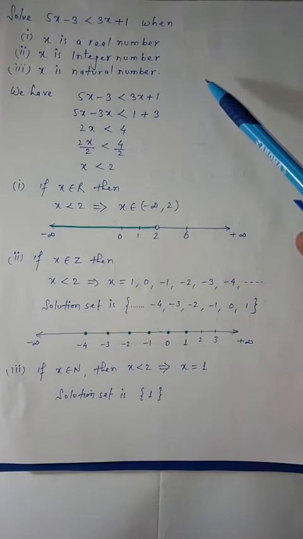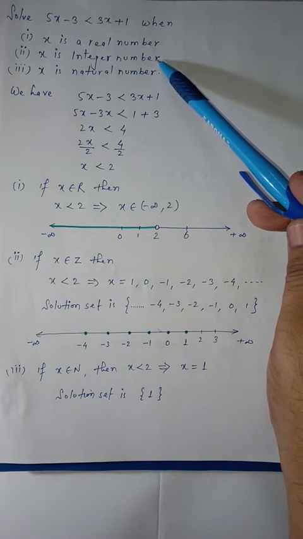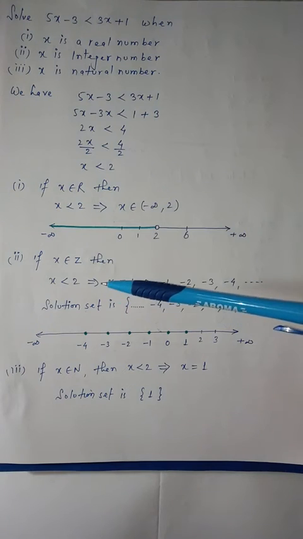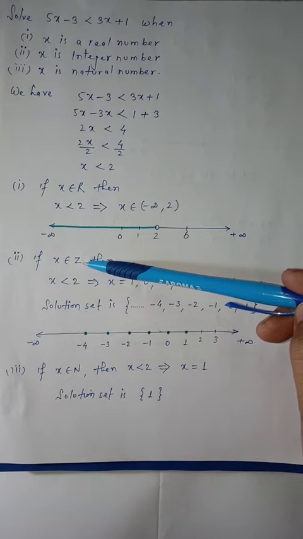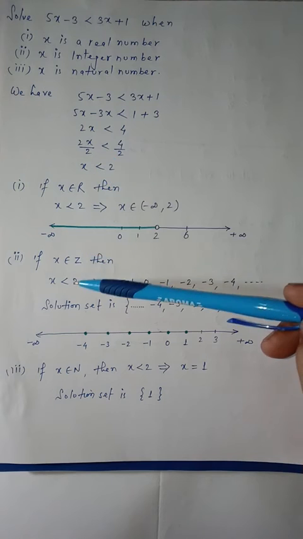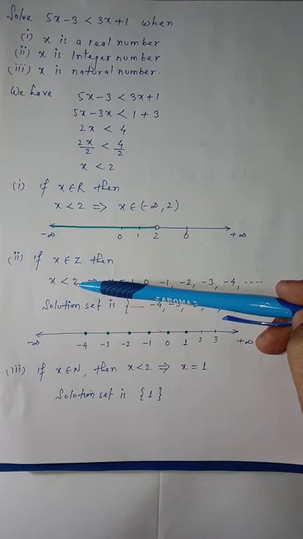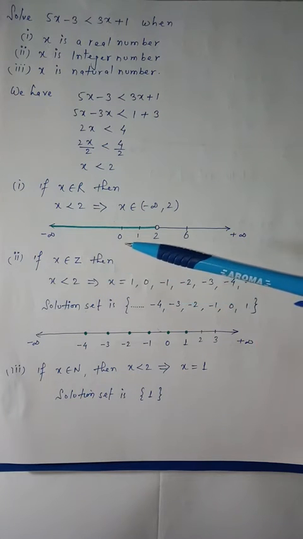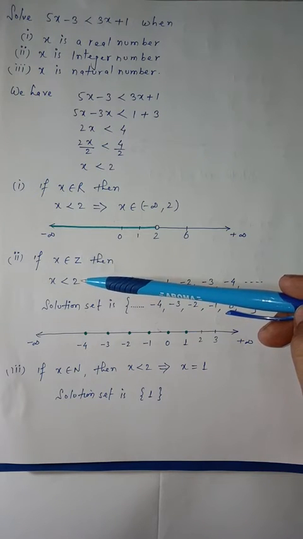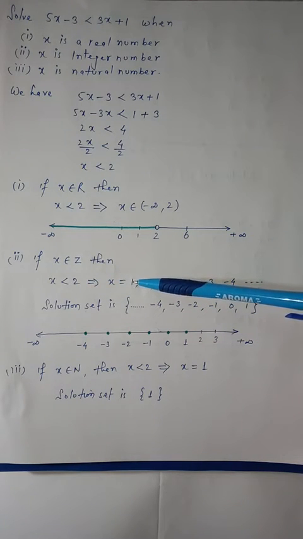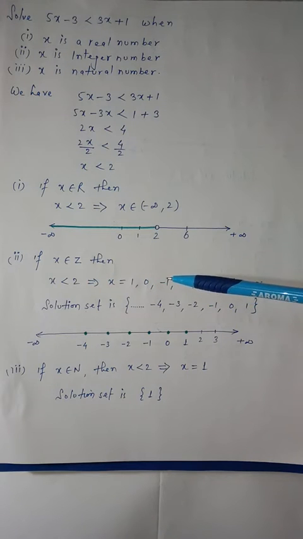But the second case is different, because when x is an integer, it means x belongs to Z. And when x belongs to Z, x may be a positive as well as negative integer. But our solution was x less than 2. So what will be an integer which is less than 2? The first integer will be 1, because 1 is an integer which is less than 2. After this 0, then minus 1, minus 2, minus 3, minus 4.